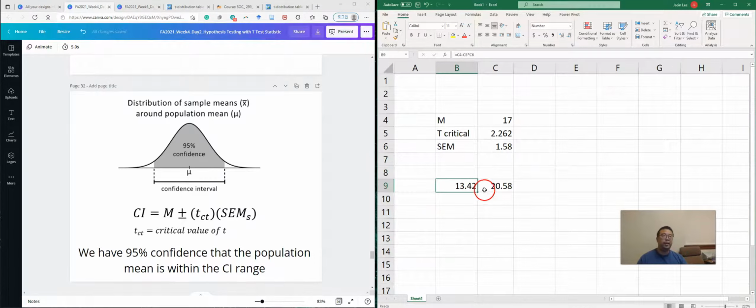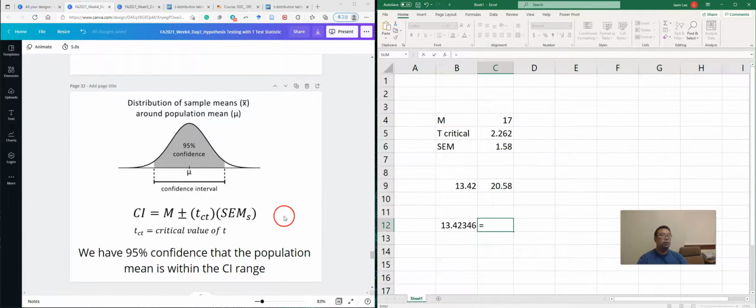So the mean minus t critical multiplied by sampling error, and then the mean plus t critical multiplied by sampling error.